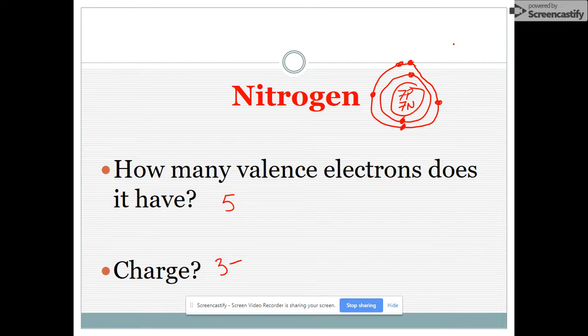So if you notice, we have 7E and we have 7P. It's balanced, but nitrogen needs to bring in 3 more electrons, 1, 2, 3. So now we add 3 to our electron total to get 10 electrons total. So now we have 3 more electrons than we do protons, and that's where the -3 charge is coming from.